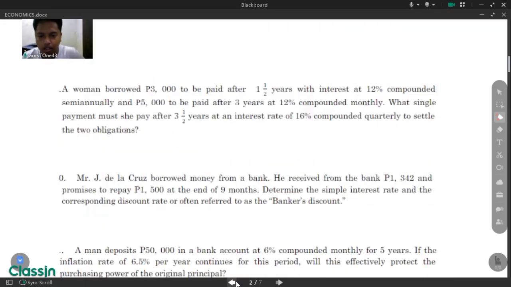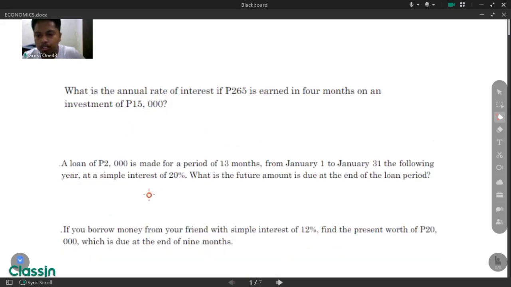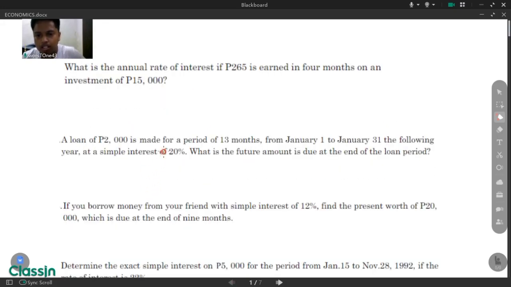So we have a loan of 2,000 pesos made for a period of 13 months, from January 1 to January 31 of the following year, at a simple interest of 20%. What is the future amount due at the end of the loan period? The end of the loan period here is January 31.